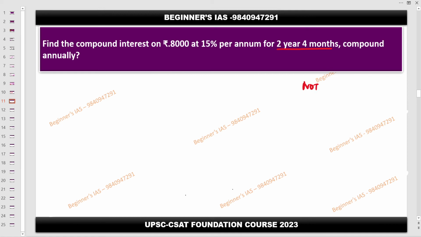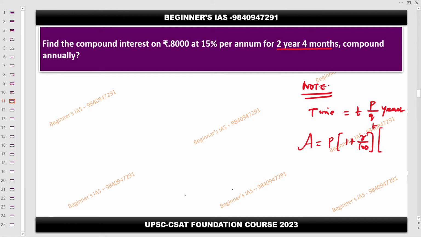Take this note: if the time is in a mixed fraction, you can apply A is equal to principal into 1 plus R by 100 the whole power T, then apply P by Q into R by 100 separately to solve this kind of problem.